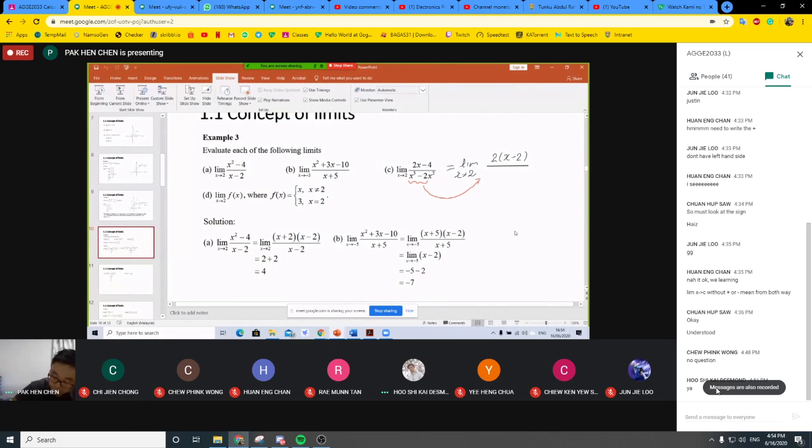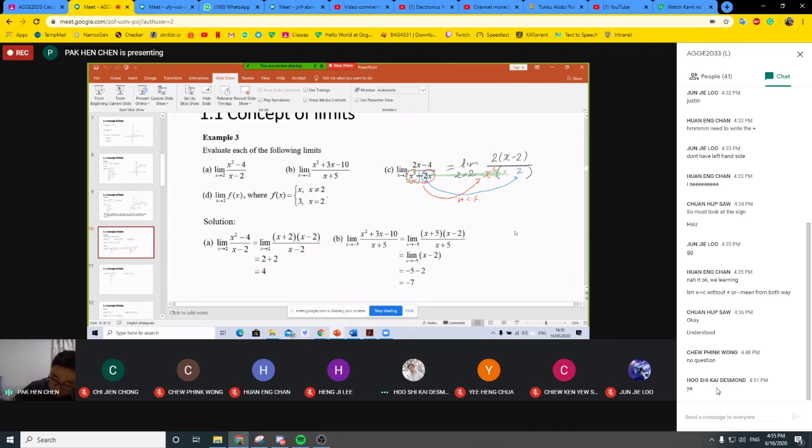What is the highest common factor of x cubed and x squared? x squared. This one does not need a calculator. It is just two terms, so we can factor out x squared. If you factor out x squared, what will be left for the first term? It will be x, isn't it? And the other one will be left with only 2. Correct or not? x minus 2. Yes, correct.